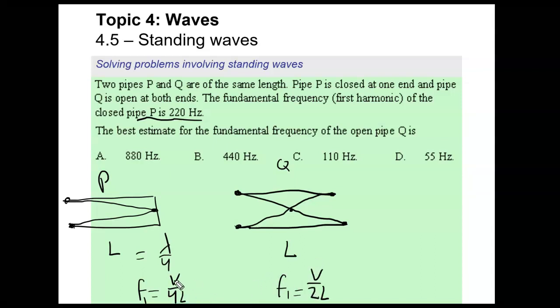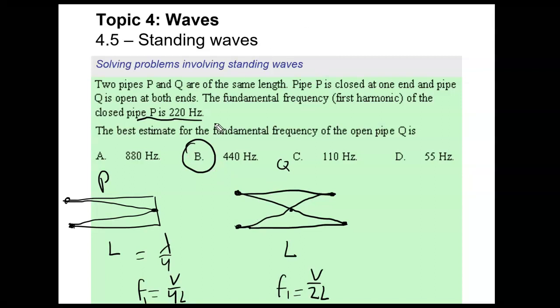So in other words, this frequency over here should be half of this first harmonic frequency over here. But we know that this one is 220. So that means 220 is half of the first harmonic for pipe Q, and so the answer is B.